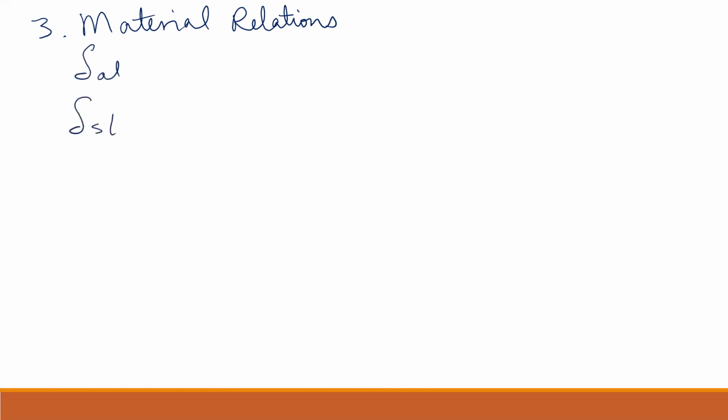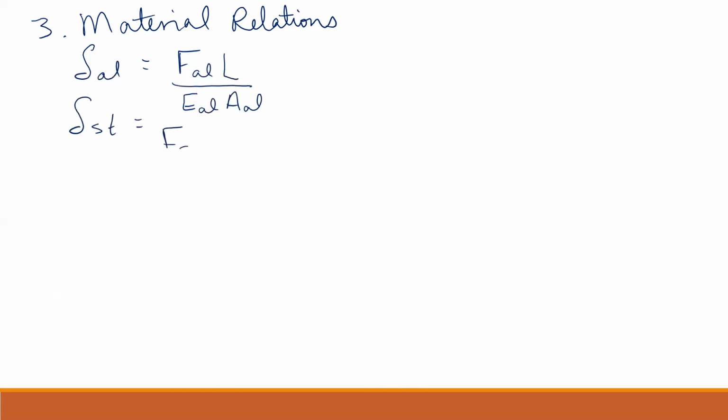And then the third step is always our material relations. We know that for both of our materials, aluminum and steel, the force times the length over the EA values gives us our elongation.